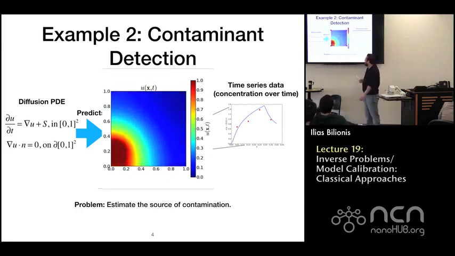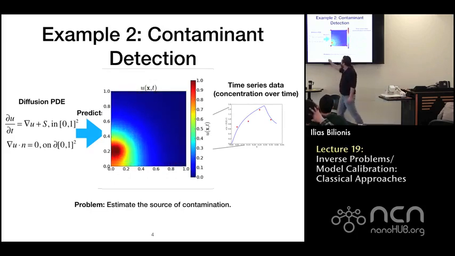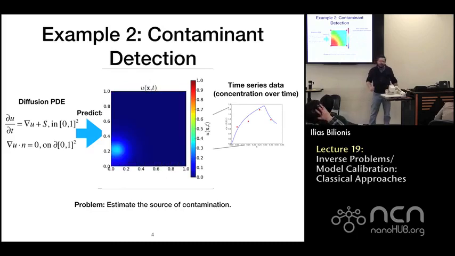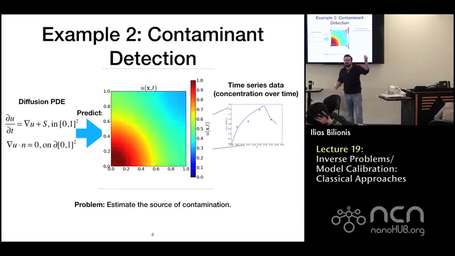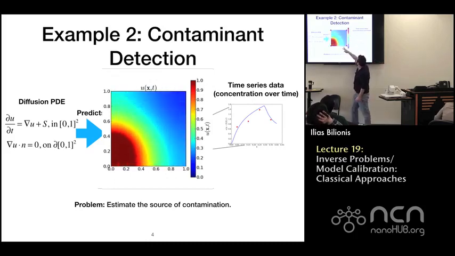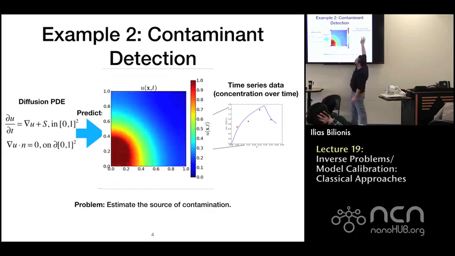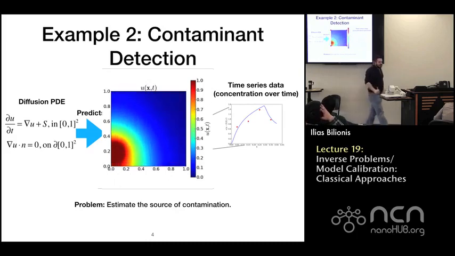There's a typo in the diffusion equation, but there should be a square there, the Laplace operator. So you have time series measurements of the concentration of P at the four corners, and you want to go back and figure out the source term.